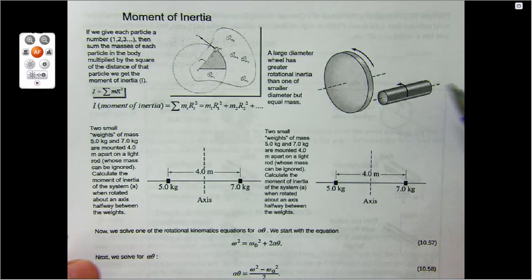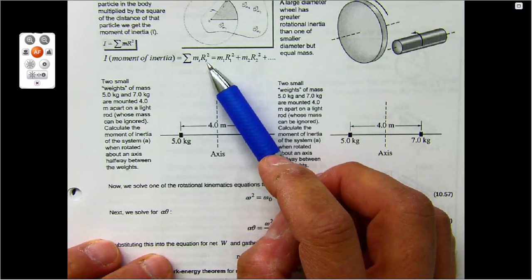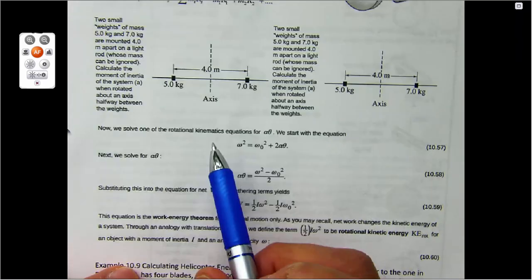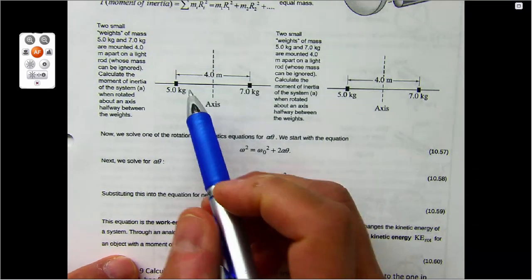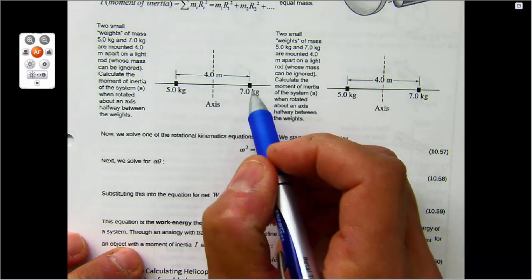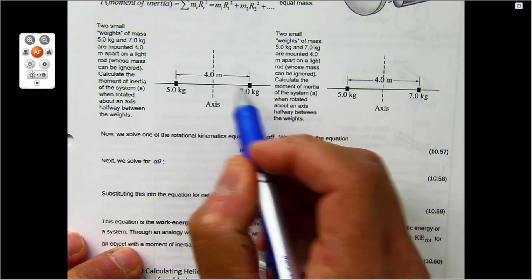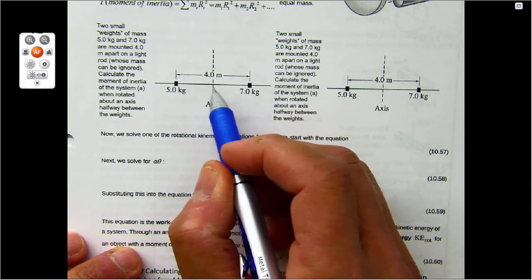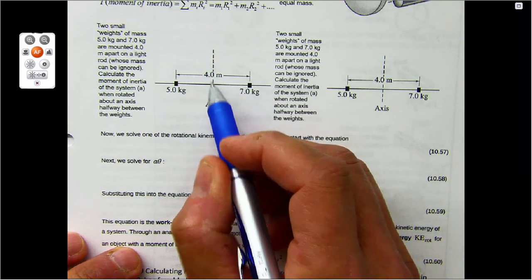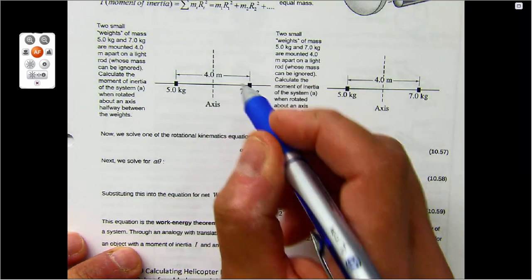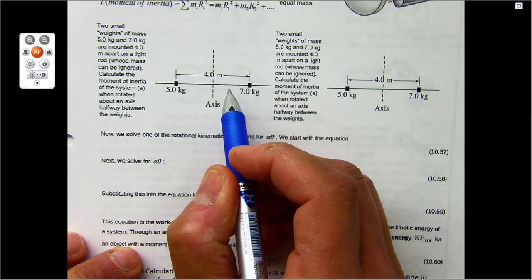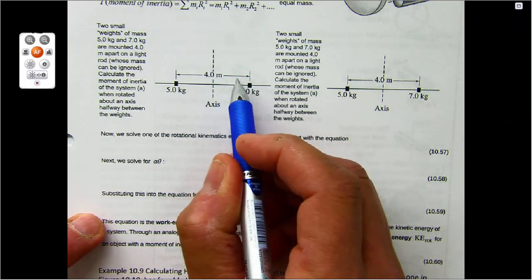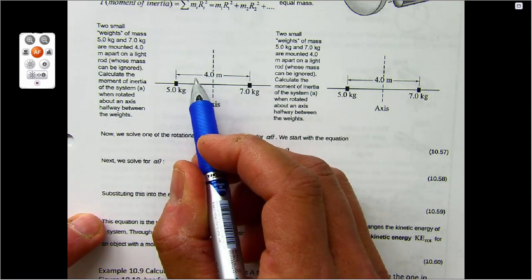So what is the moment of inertia of simple objects like this one? If we had something like this where we know that this mass is rotating about this axis, and this is centered, then we know that this is 2 meters this way, 2 meters this way.